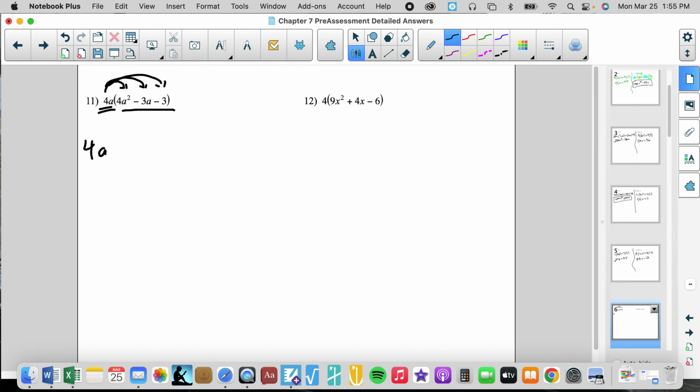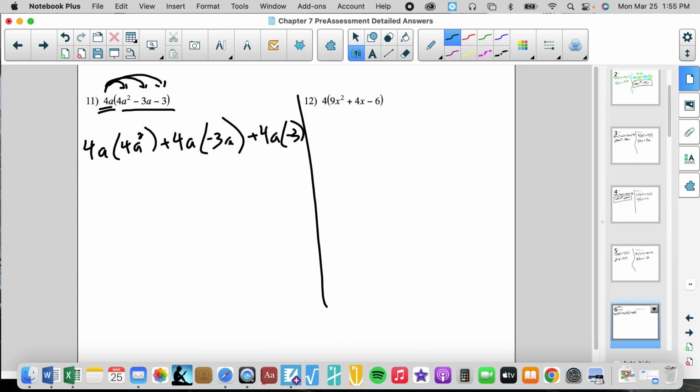We have 4a times 4a squared plus 4a times negative 3a plus 4a times negative 3. Trying to save space. That's 16a cubed, coefficient times coefficient. 4 times 4 is 16, and then we have variable times variable, which makes a to the third. Then we have minus 12a squared minus 12a.